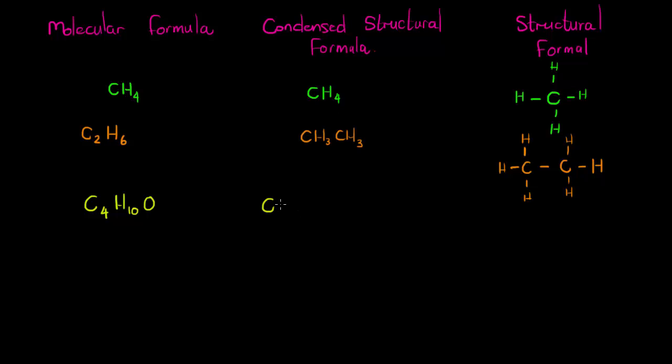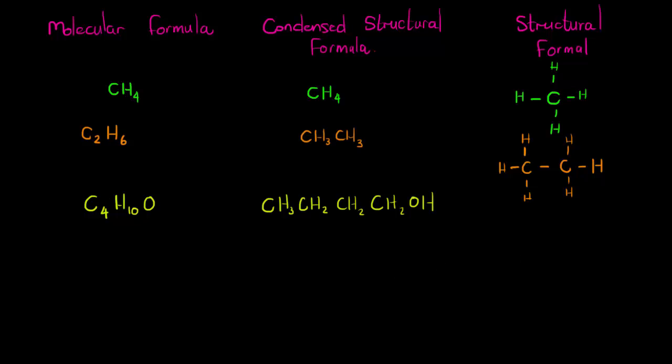It will have CH3, CH2, CH2, then CH2OH. You can see we've got our 4 carbons, and then we've got our 10 hydrogens, 3, 5, 7, 9, 10, and 1 oxygen. That makes up the molecular formula.